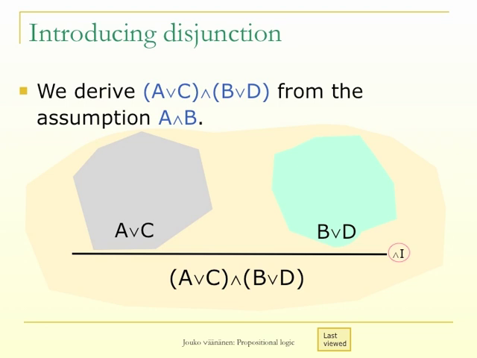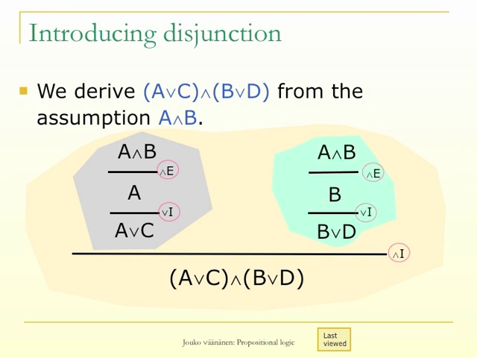In order to get A or C, we need to apply first the conjunction elimination rule to get A, and then the disjunction introduction rule to get A or C. The same for B or D.